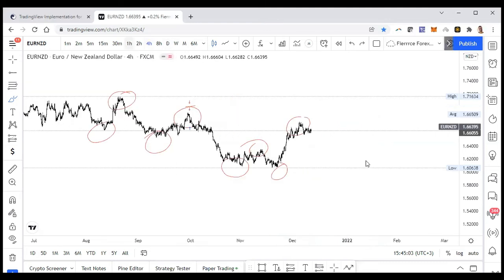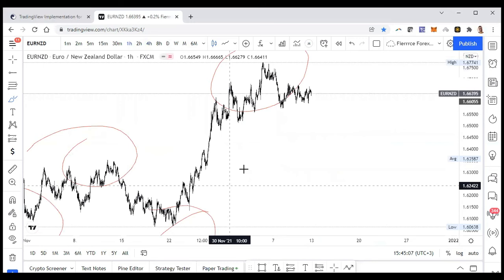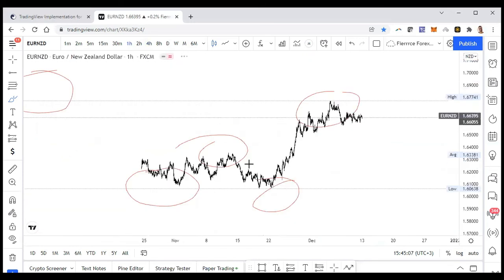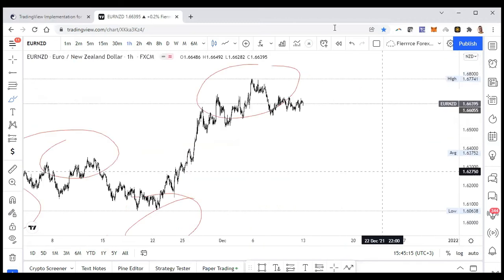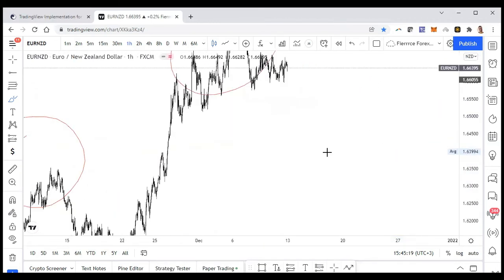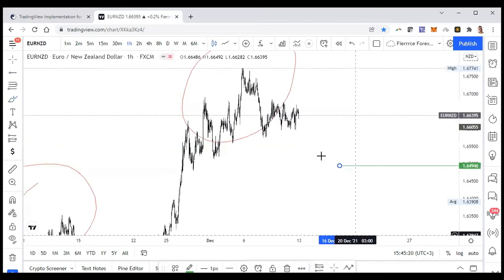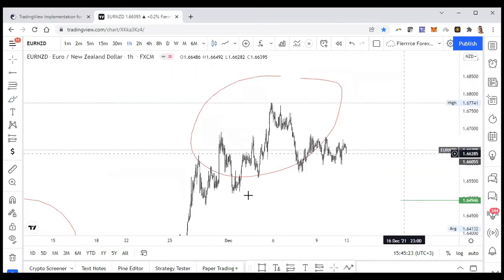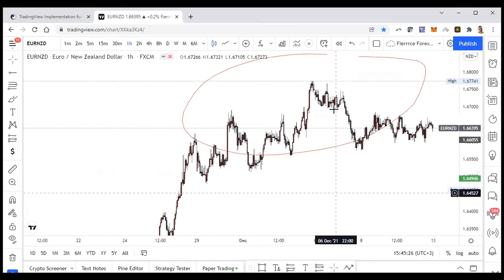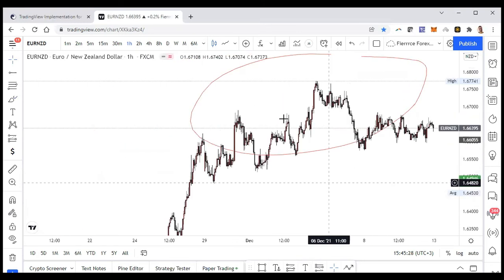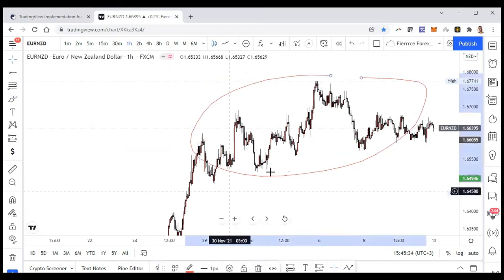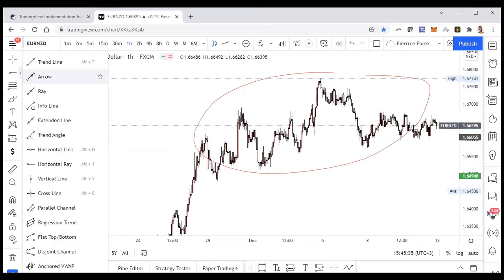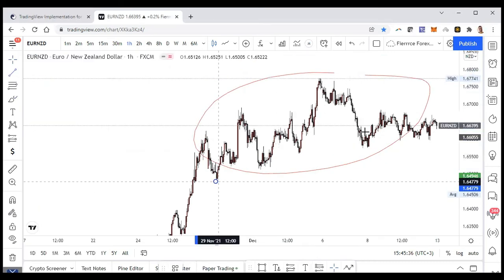Now, let me try and zoom in. Let me go to the 1 hour. Okay, and on the 1 hour, we can see intermediary structure. Even if we just look in here in this schematic, we can argue that within this zone itself, there are some structure shifts also happening.